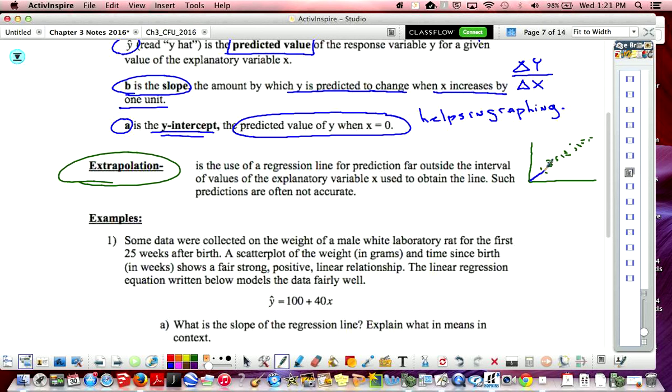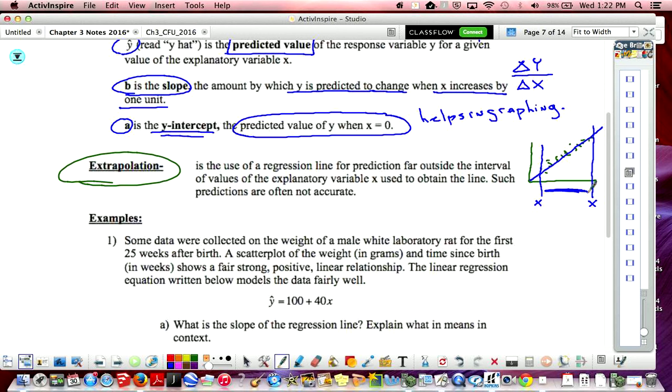When you have your prediction equation, you want to make sure it only uses x values in between the interval that the equation was derived from. Going outside of that is a form of extrapolation, because from time to time it's going to produce results that either don't make sense, or are just very unrealistic.